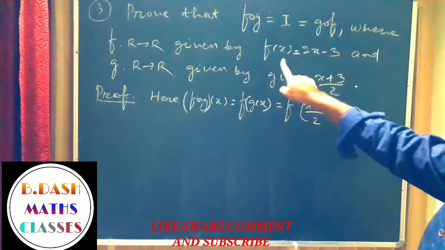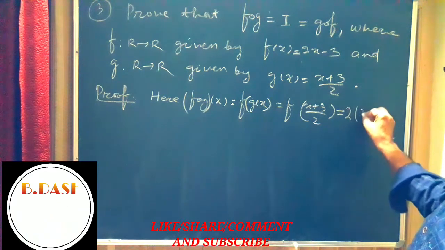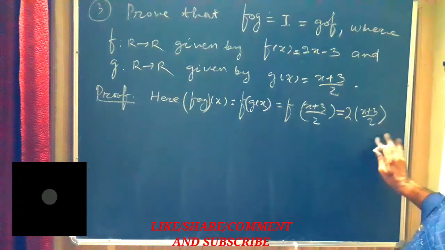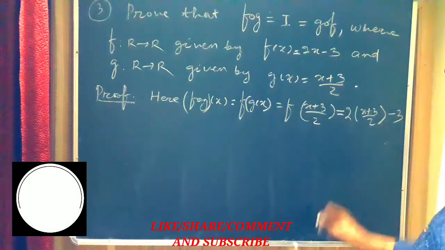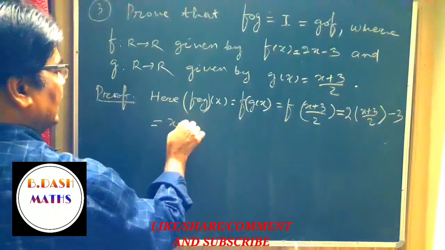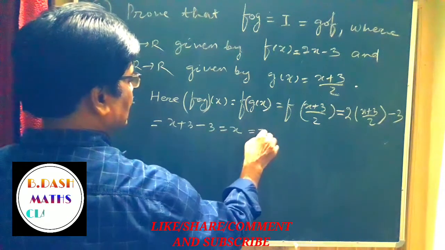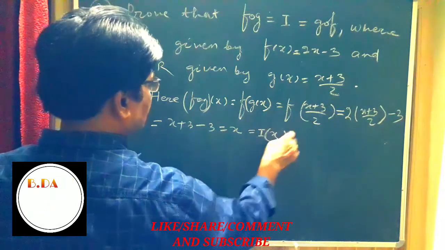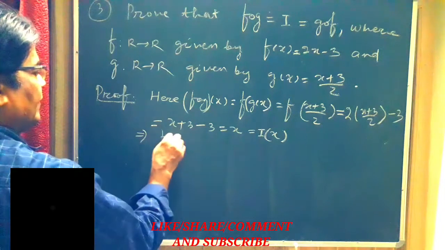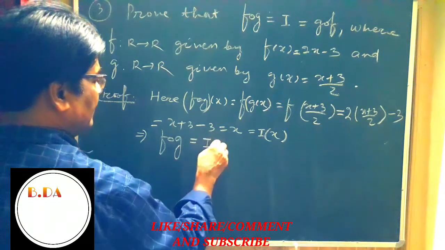So f((x + 3)/2) becomes 2 times (x + 3)/2, minus 3. So this is equal to x + 3 − 3, which is equal to x, which is the identity function.